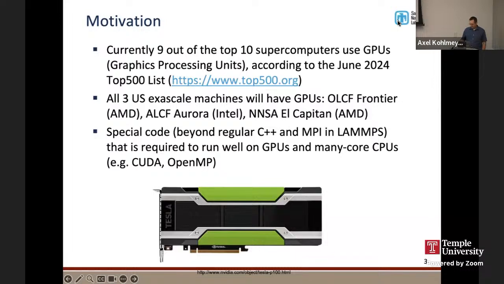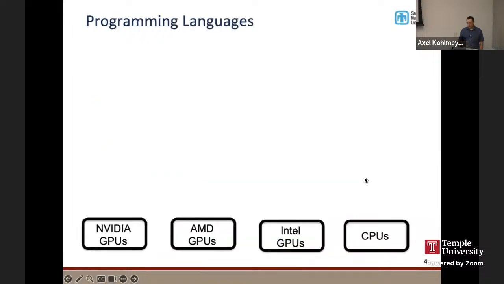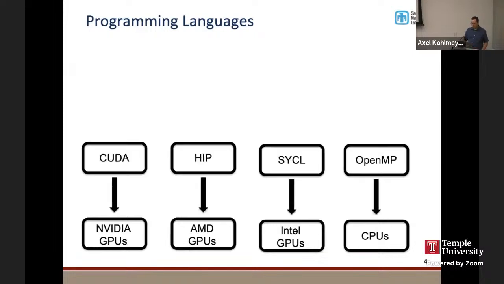So you really need these vendor libraries or programming languages. So here's just a simple diagram. So say you want to run on NVIDIA GPUs, AMD, Intel GPUs, as well as CPUs. Well, if you want to get the best performance, you really should be using the vendor supported or provided libraries like CUDA, HIP, SYCL, and you can also use OpenMP.